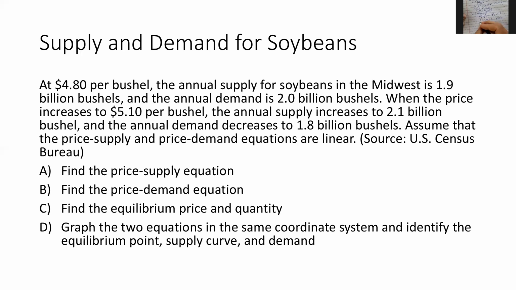So in this case, if I'm going to take the $5.10 as my y value, and negative 1.5 times 1.8 plus b, we can solve for b, and b should be 7.8. In other words, the price demand equation, PD, is negative 1.5 Q plus 7.8. And that should make sense, right? Negative slope. Y-intercept is probably higher than 5.0, which is the 7.8 down here.